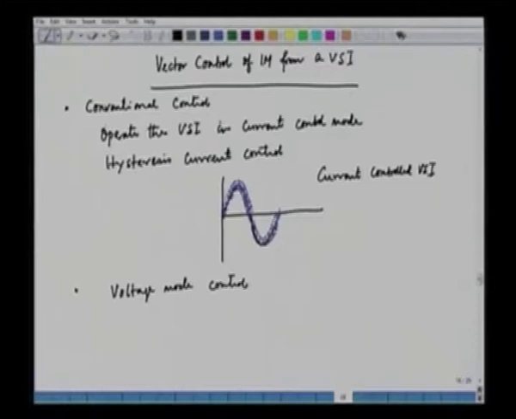Now, in the previous one, the drawback is variable switching frequency. Now, in the voltage mode control, the switching frequency can be maintained constant. So, we can operate the inverter like a true VSI, and we can go for constant switching frequency operation.